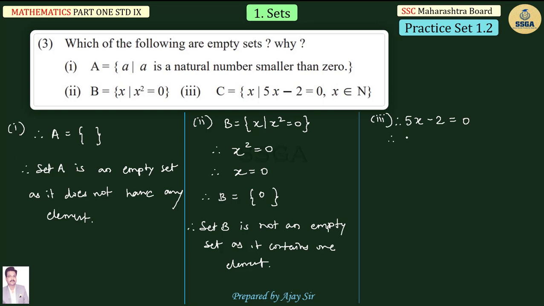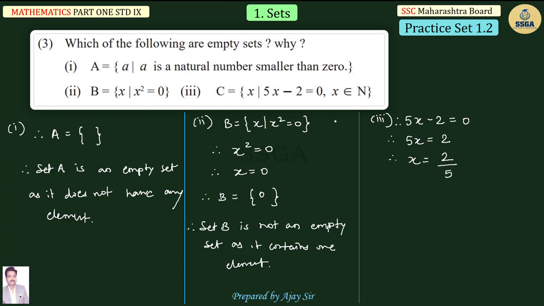Let us find the value of x. So 5x is equal to 2, student. Minus 2 becomes plus 2 when we shift it to the right hand side. So therefore x is equal to 2 upon 5.